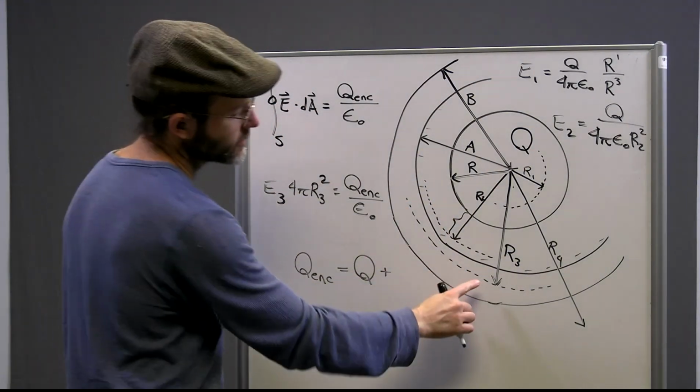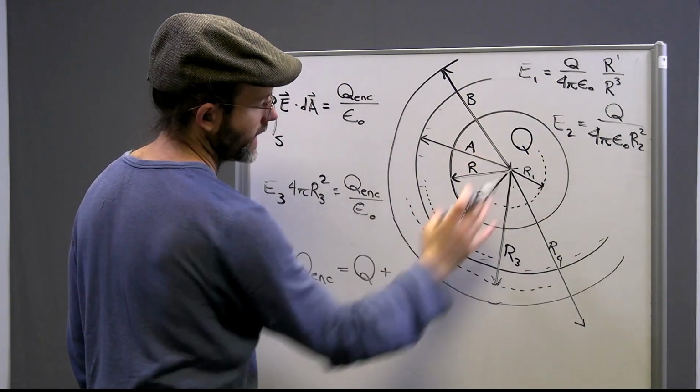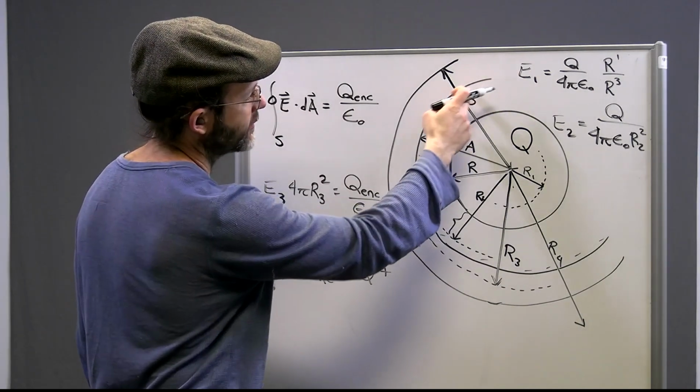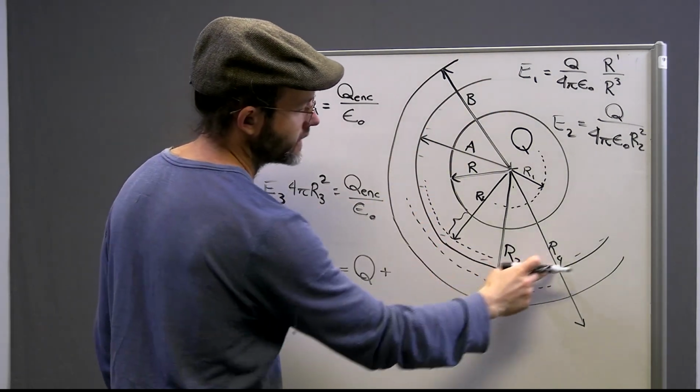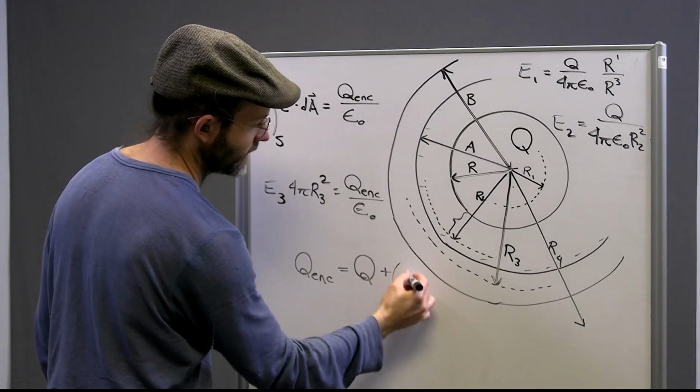Since we're here, we now have Q as part of the charge that is enclosed, but we also have the same amount of opposite sign charge on that inner shell. So we have plus negative Q.